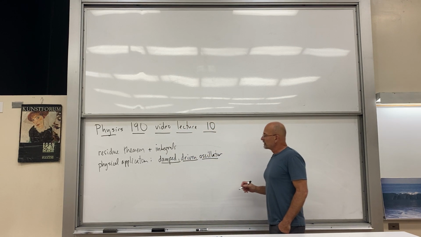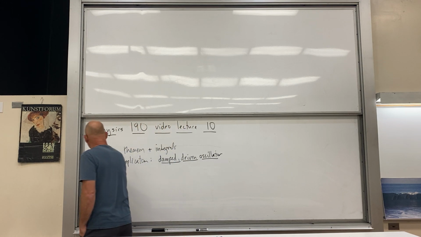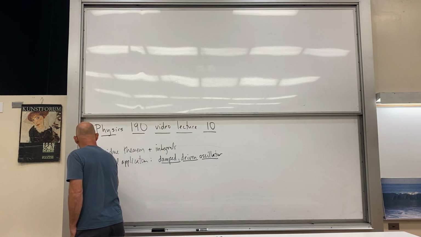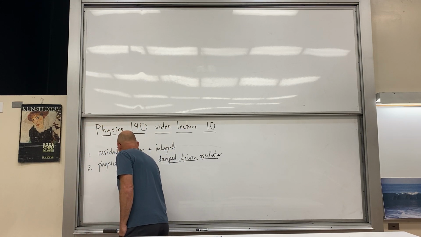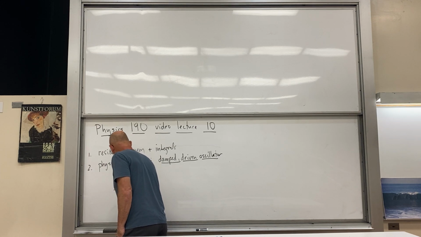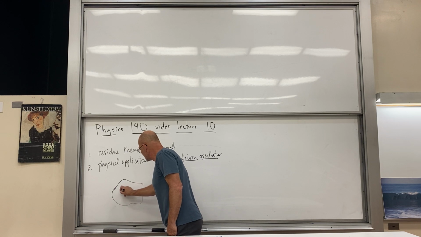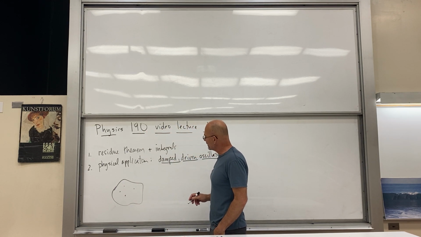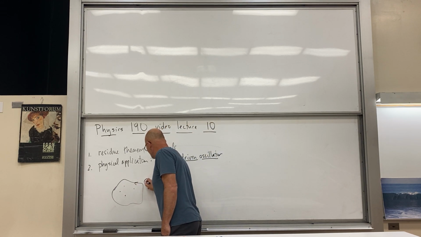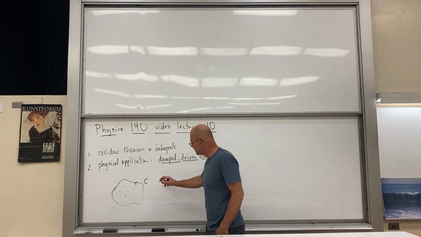As far as the residue theorem goes, I'll just go ahead and formulate it. We're going to use it. So we have, for some function with some singularities, there is a contour.